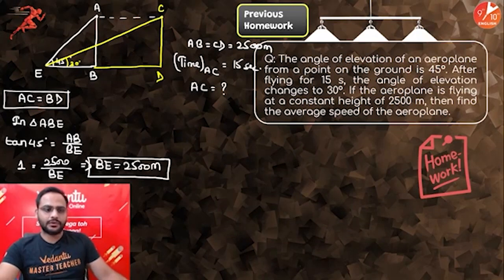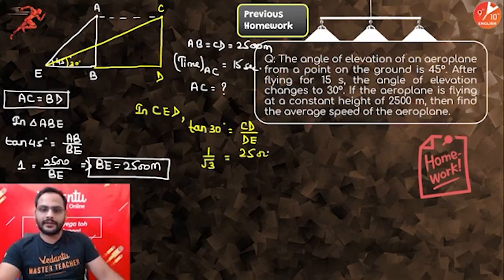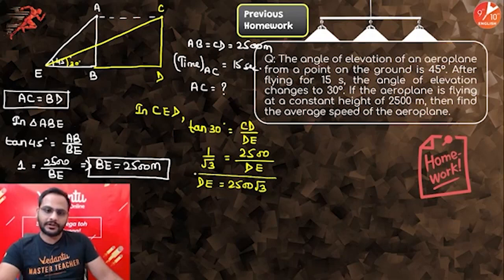Then we have triangle CED, this yellow triangle. Here if I use tan 30 degrees, tan 30 will be equal to CD upon DE. Tan 30 is 1 upon root 3. CD is 2500 upon DE. So you have DE equal to 2500 root 3 meters.